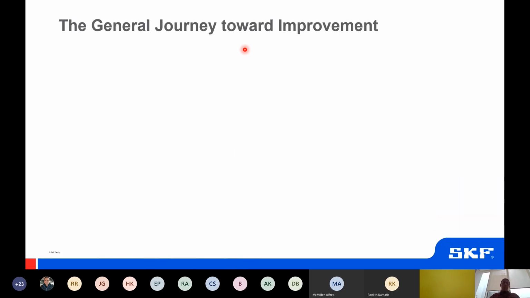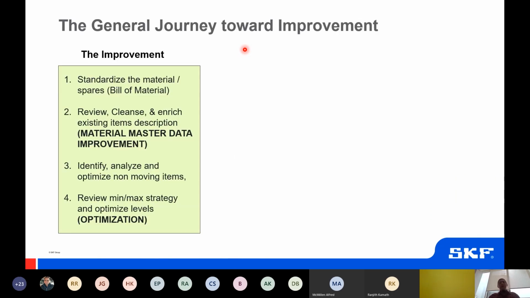So this is typical of what you may consider for improvement. First of all, you may consider standardizing the material specs. We are talking about the bill of material. If you don't have a complete bill of material for all equipment, at least consider having one complete for your most critical equipment.